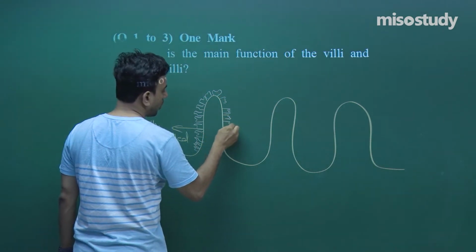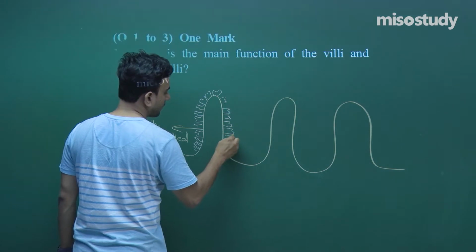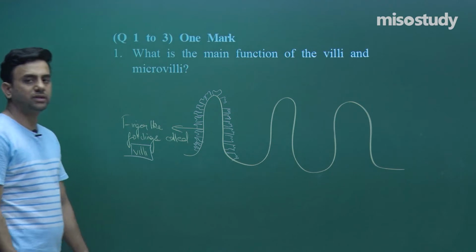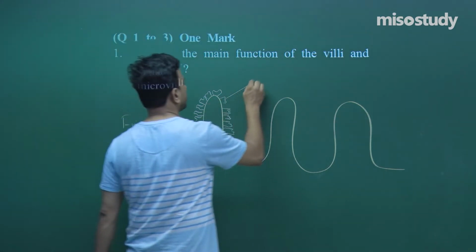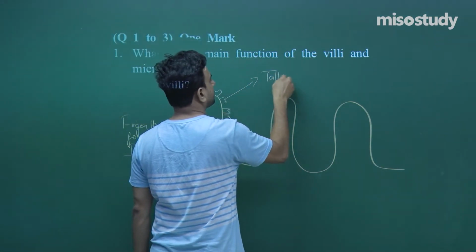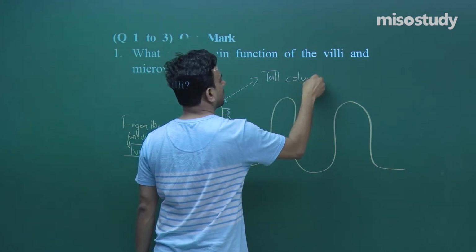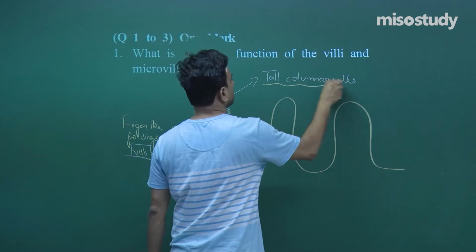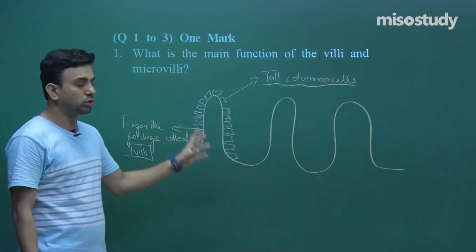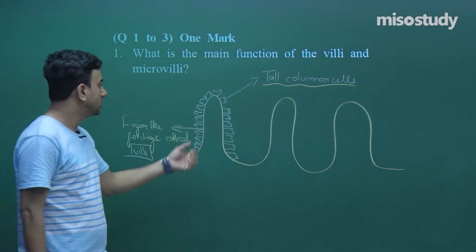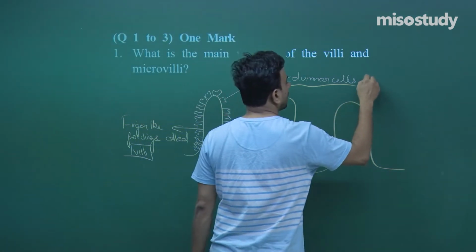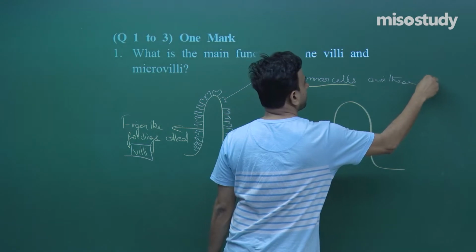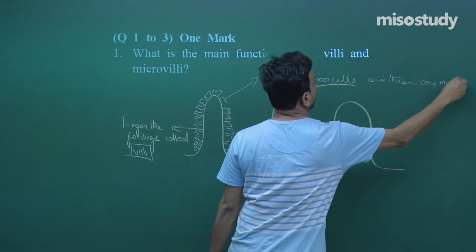These are the tall columnar cells, and this whole thing will give a brush bordered appearance. Tall columnar cells, and these are microvilli.